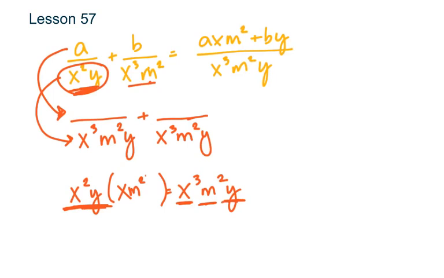So really all I'm multiplying by my first term is a new x m squared.